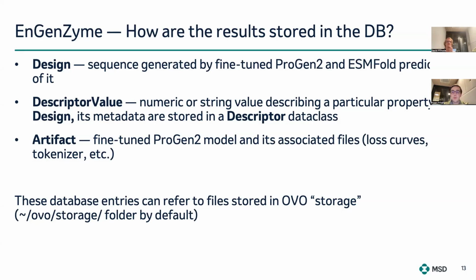In our case, it's the similarity to the training data, pLDDT, etc. Those are also objects stored in the database, the descriptor values. And lastly, artifacts, which are fine-tuned weights of Progen2 and also the loss curves and other configuration files. And the objects from the database have a link to the storage where the actual files are stored.